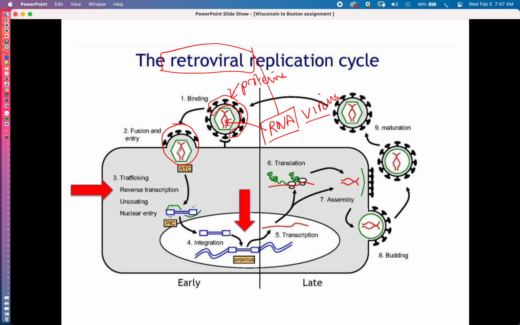Here's the first step of why it's called a retrovirus. When the RNA of a retrovirus comes into the cell during infection, the first thing that's done is what's called reverse transcription. The RNA is going to get copied into DNA. And we're used to gene expression that we've been learning about in our course, where the DNA, the gene, is transcribed into RNA, right?